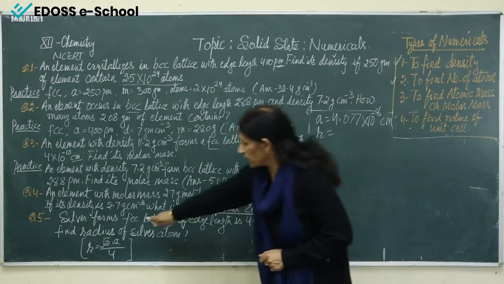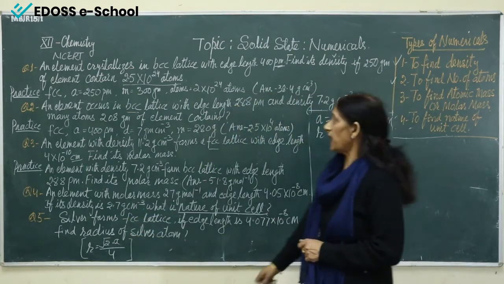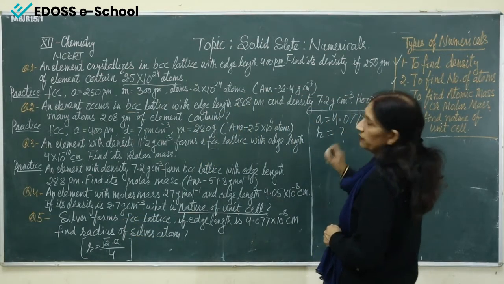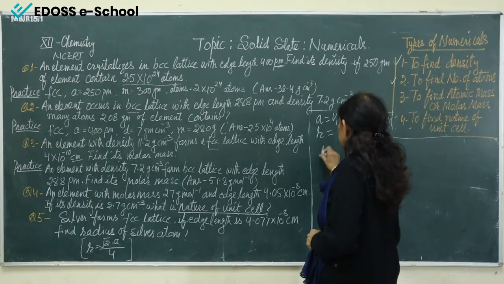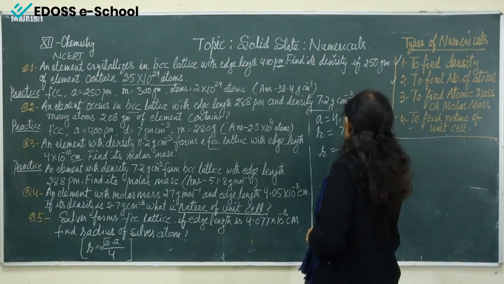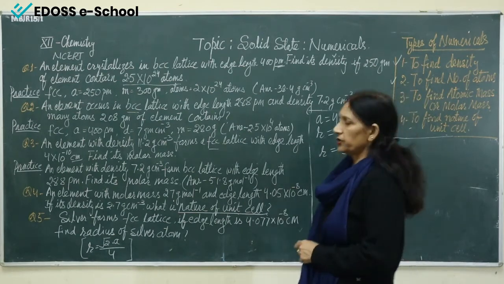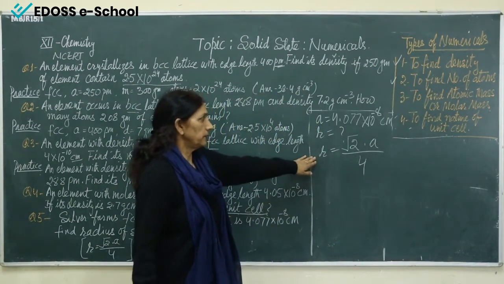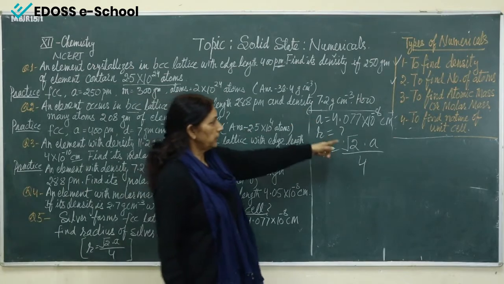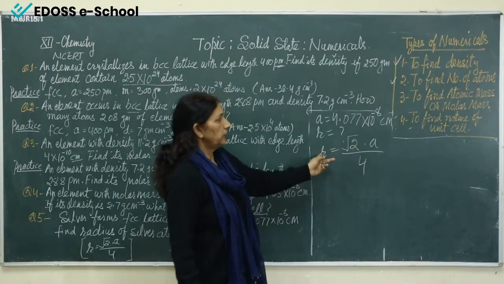So remember, if it is FCC, you have to apply this formula, that radius is equal to root 2 multiplied by A upon 4. This is the formula you have to apply. So A is given to you, radius you can easily find.